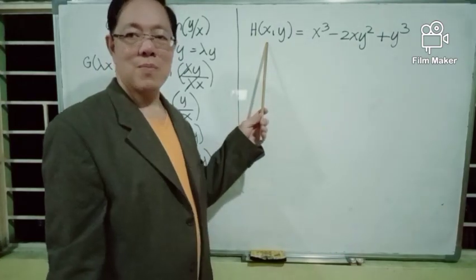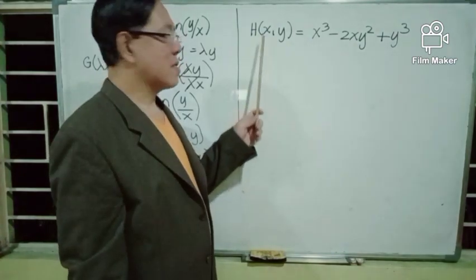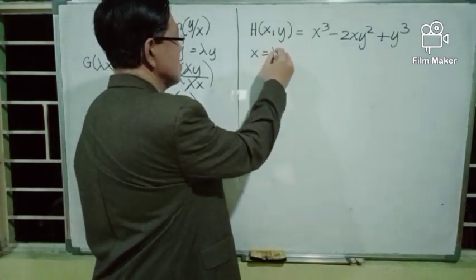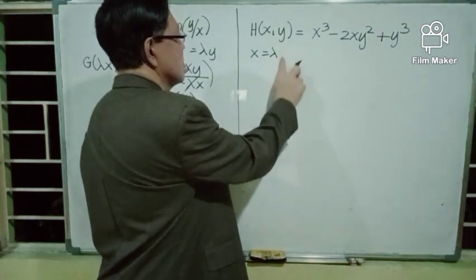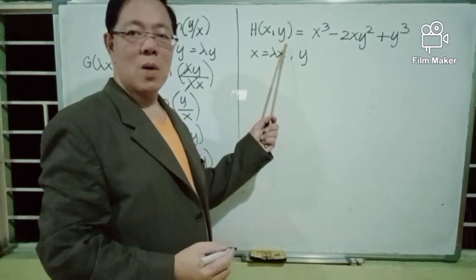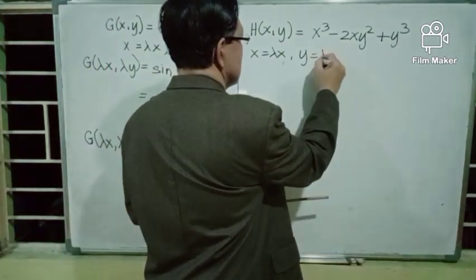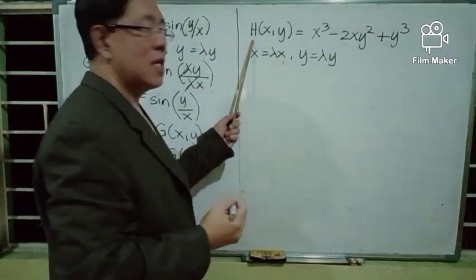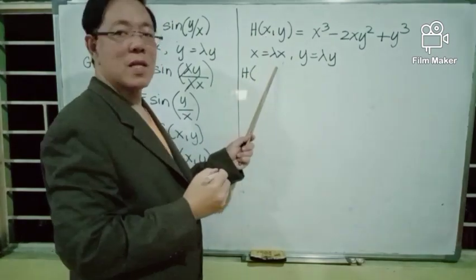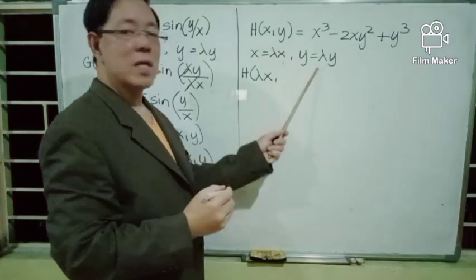Again, to determine if the function h of x y is a homogeneous function, replace x with lambda x and replace the variable y with lambda y. At the left hand side we have h of lambda x, lambda y.